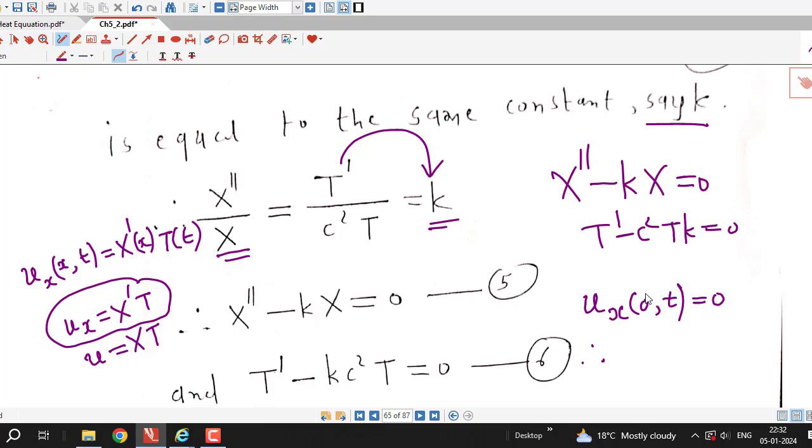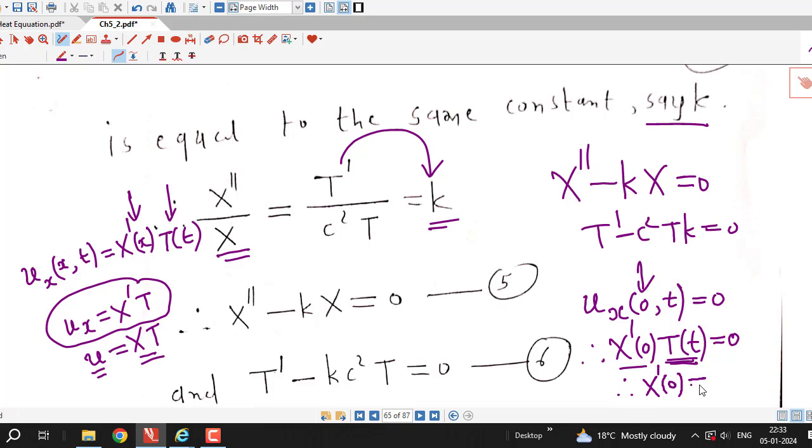So if I consider small x equal to 0 here and T as it is, I will have X'(0) times T(t) equal to 0. So there are two possibilities, either this is 0 or this is 0, but if we take capital T equal to 0, then u becomes 0, that is the trivial solution, and we are interested in the non-trivial solution. Therefore we consider X'(0) equal to 0.